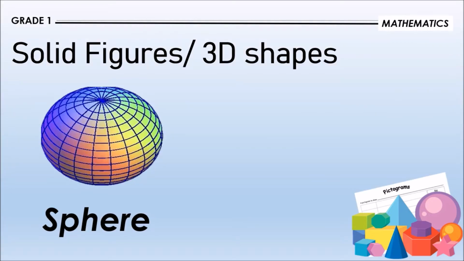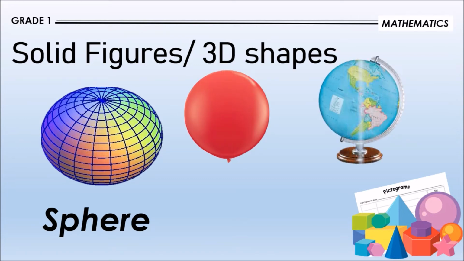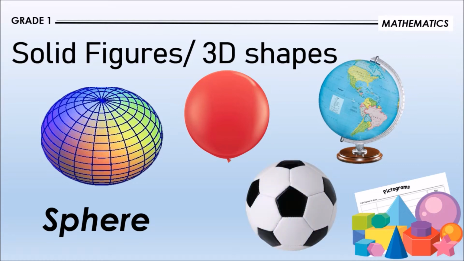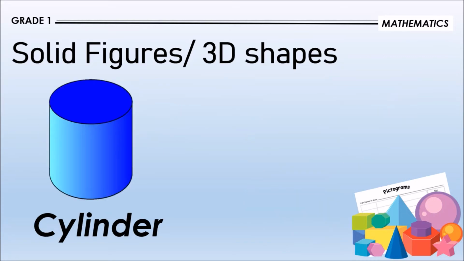Sphere. A few examples of a sphere that we can see around are a balloon, globe, and a ball. Next is cylinder.